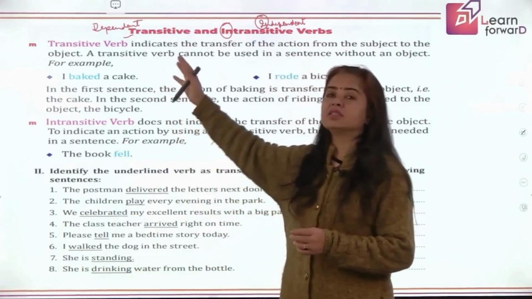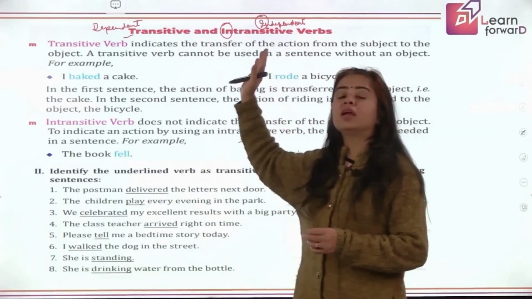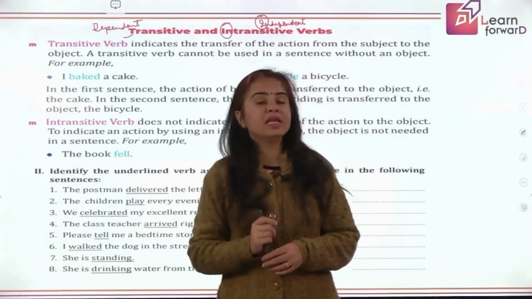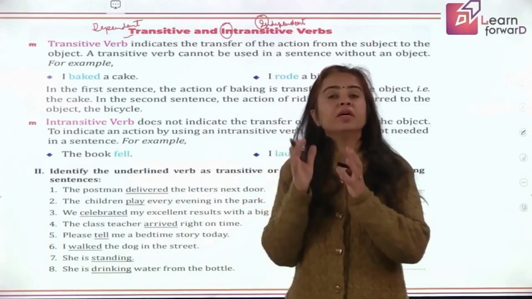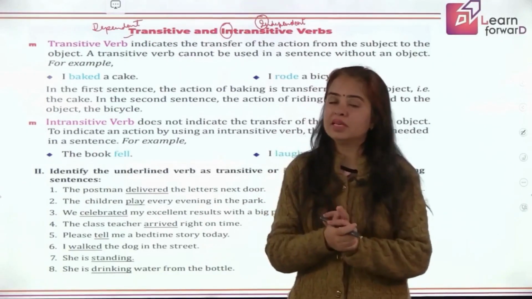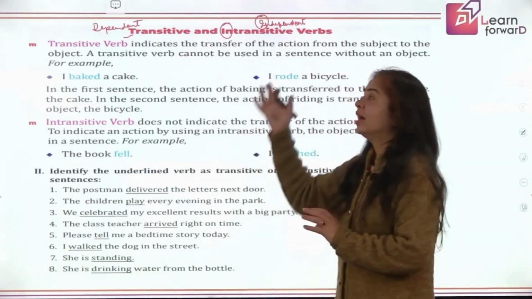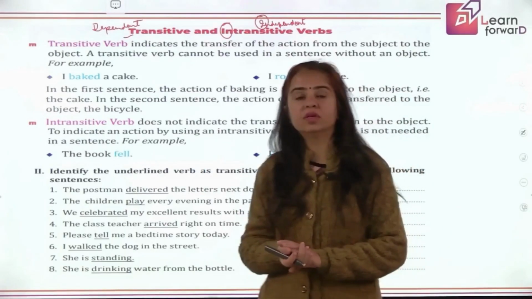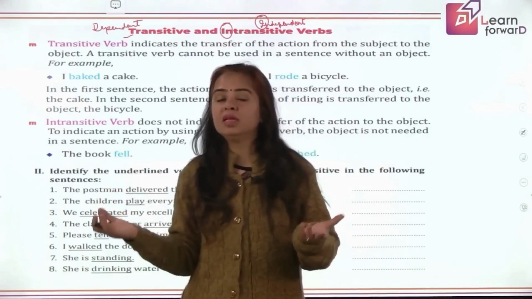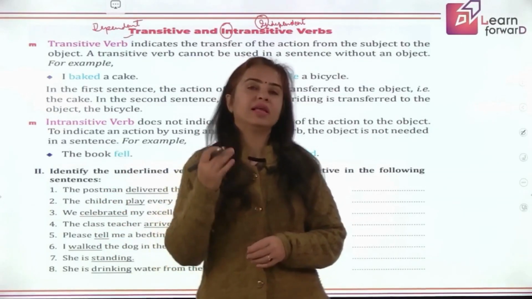Same are transitive and intransitive verbs. The transitive verbs are dependent in the sense that they need somebody's help, some other word to complete its meaning. But the intransitive verbs are independent of any other word. That means they give their own meaning, right? How? Let's see.